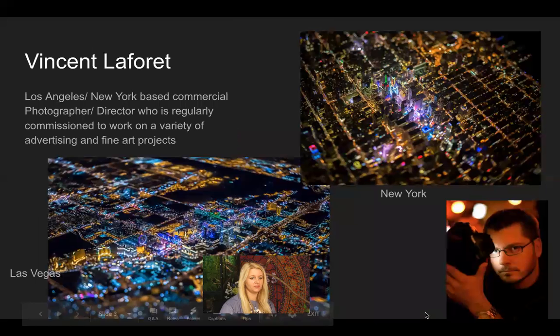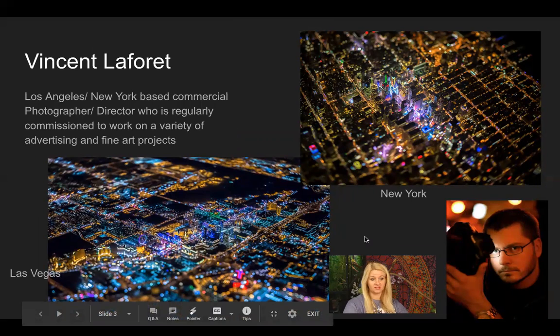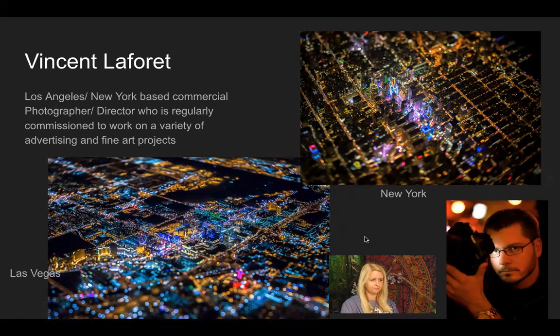So one photographer that really uses this to the creative extent, he does fine art photography with this tilt shift effect, is Vincent Lafrey. And he's a Los Angeles, New York based photographer who takes aerial pictures. So he's in a helicopter taking pictures with an actual tilt shift lens.